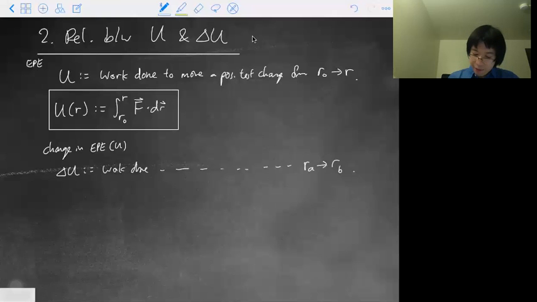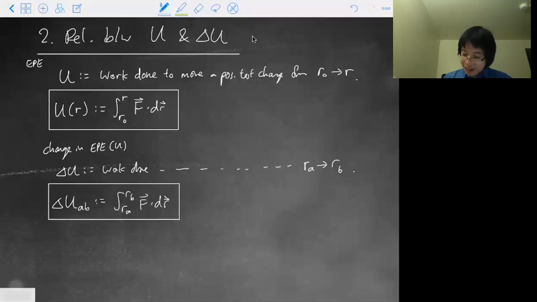So from A to B is just from RA to RB. And I can do the exact same trick. First, I'll split it up into R naught plus R naught to RA, and then I can flip the sign so that the RA goes on top and R naught goes on the bottom.